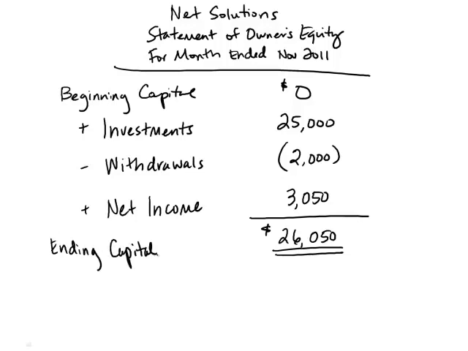So we get ending capital of $26,050. That's what we had on our spreadsheet. So you can check yourself with your spreadsheet and make sure that was the same.